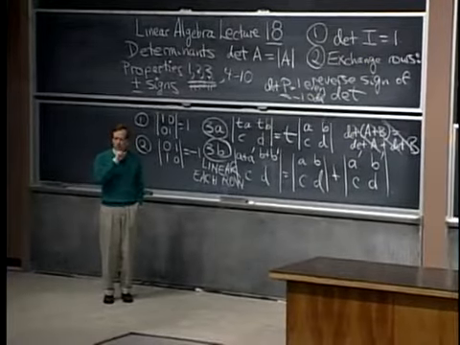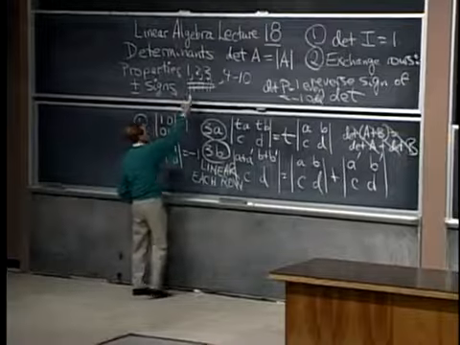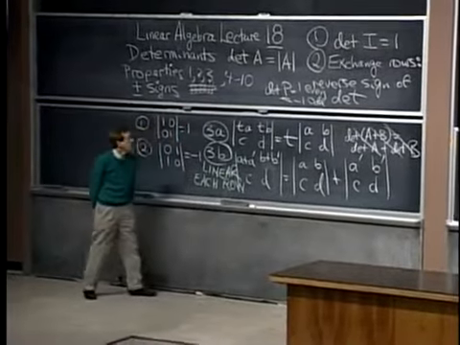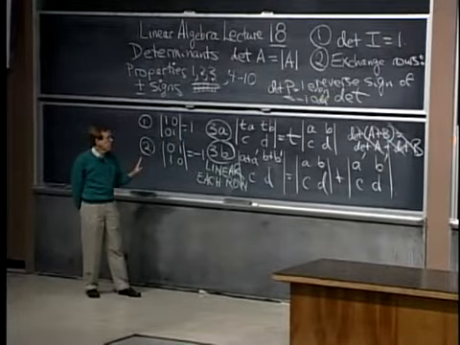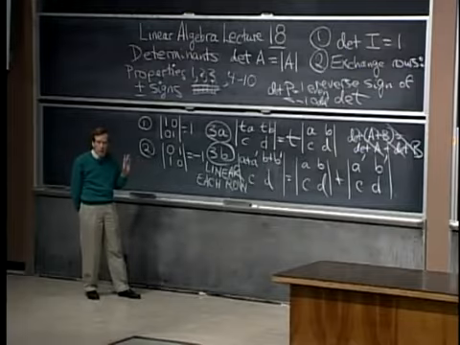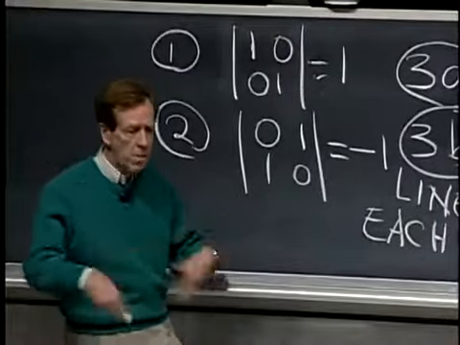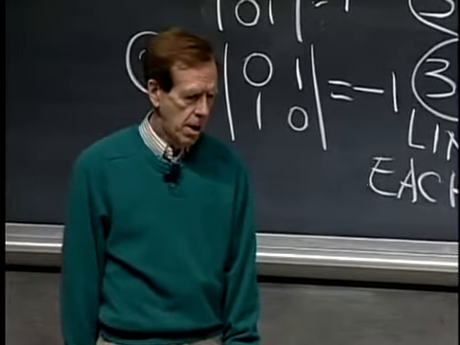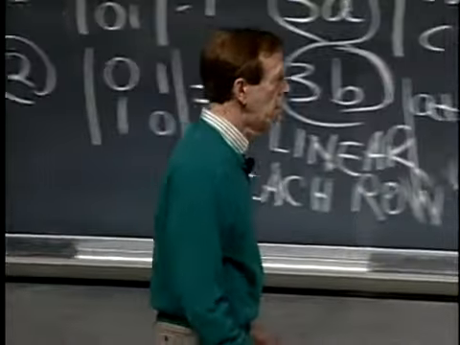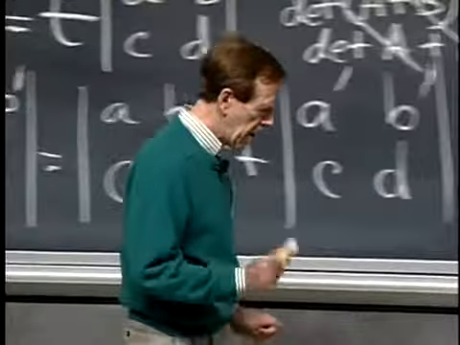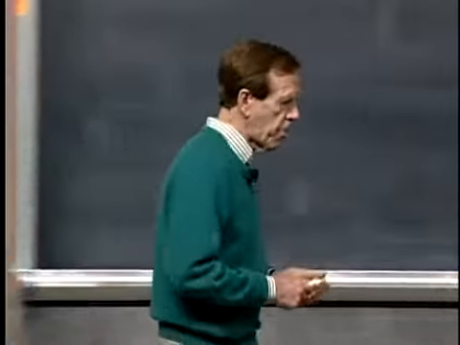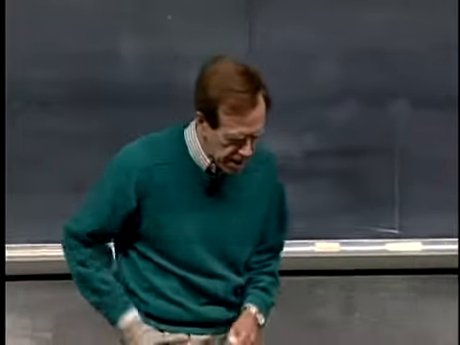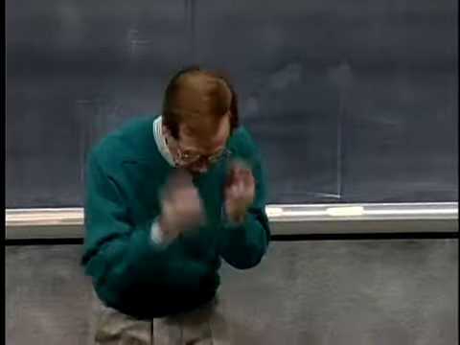So that's properties 1, 2, 3. From those, I want to learn a lot more about the determinant. Let me take an example. What would I like to learn? Here's property 4. Let me use the same numbering as here.